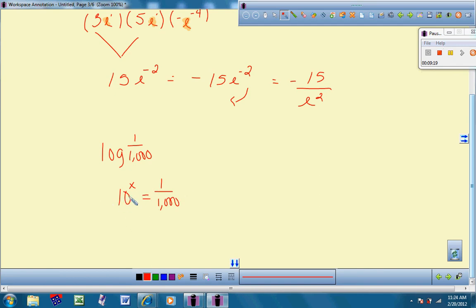How many times can we multiply 10 by itself to get 1,000? Well, we know that we can do 3, right? But since we want a fraction, we'll just say 10 to the negative third is going to give us 1 over 1,000. So your answer would be negative 3.